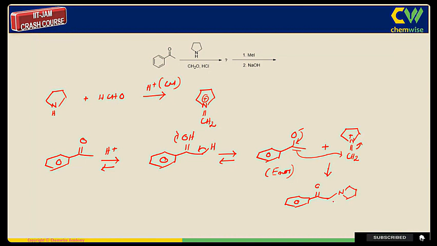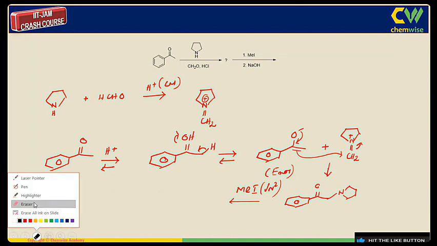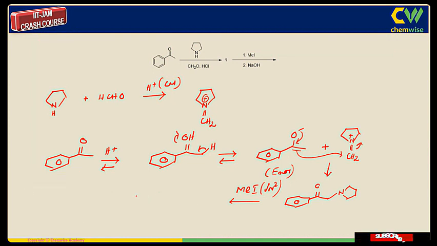We have this. Now again we are doing one methylation, methyl iodide, so it will proceed by SN2 mechanism. Because of space, I have to erase it many times. I'm sorry for that.